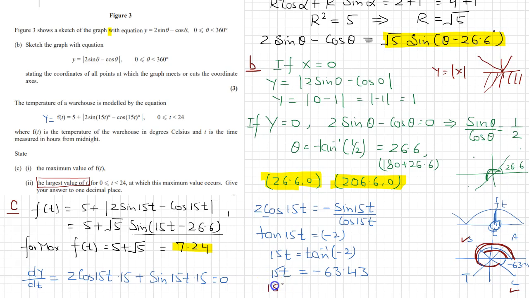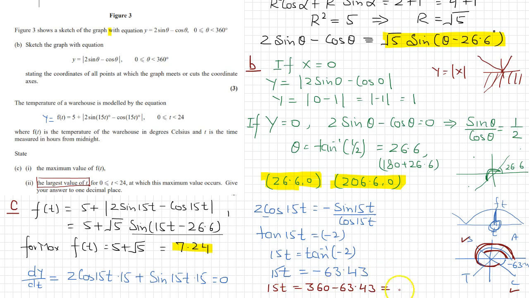So 15t is equal to, this value is 360 minus 63.43, which is 296.57.